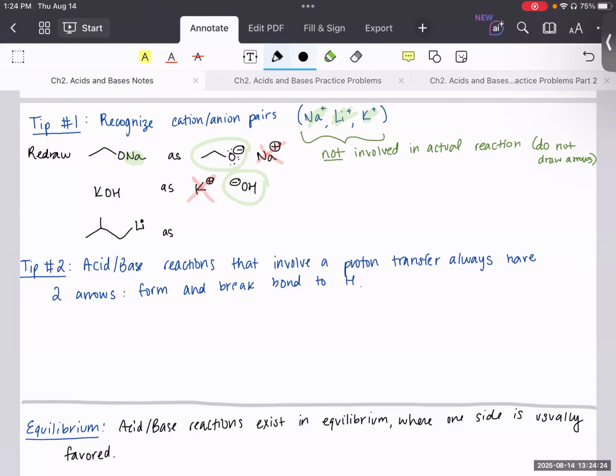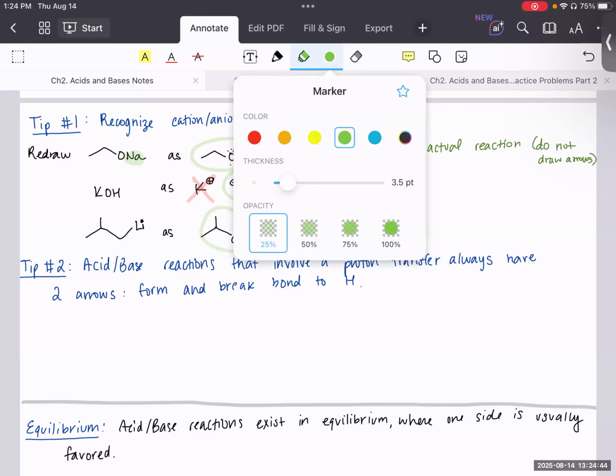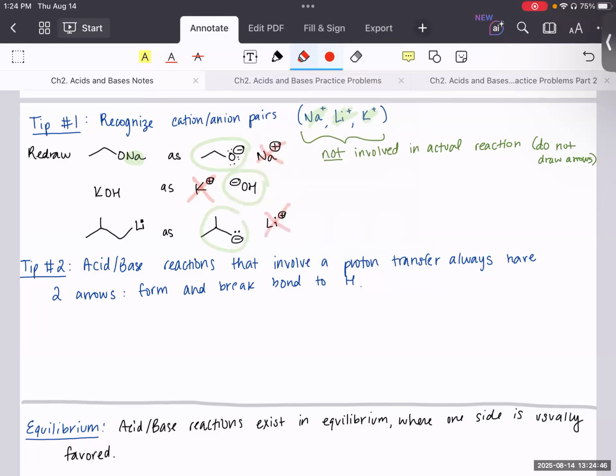And so to redraw that, we would redraw that lithium as lithium plus. And then we would end up with having this negative charge on this carbon. And it's not quite accurate to represent these this way, but for the purpose of acid-base reactions, you can represent these this way to illustrate the electron flow.